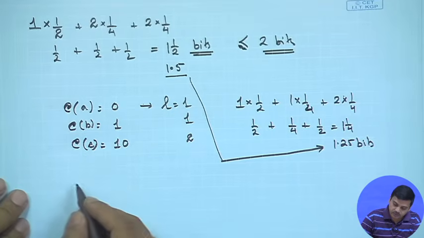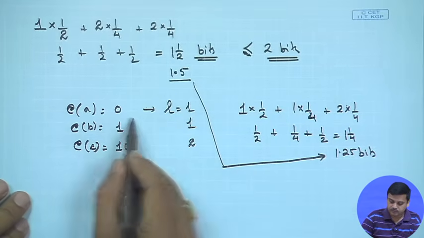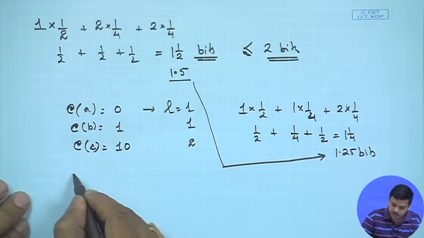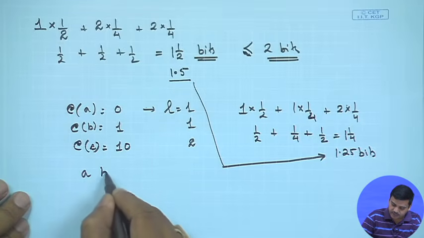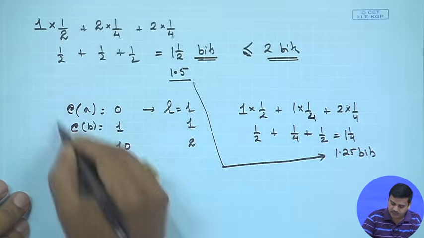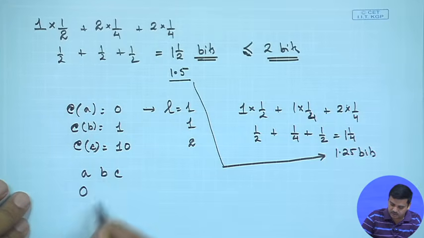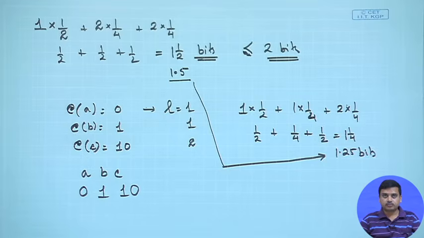But if I look at the stream of bits coming in at the decoder, if I have sent A, B and C, in this case I would get a 0, a 1 and a 1 0.